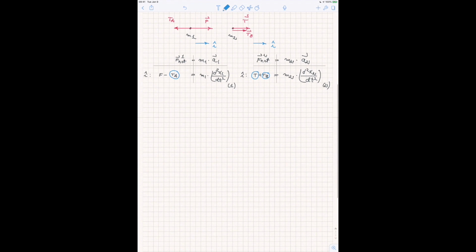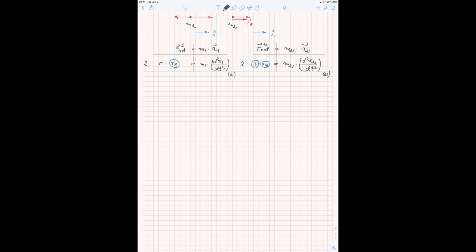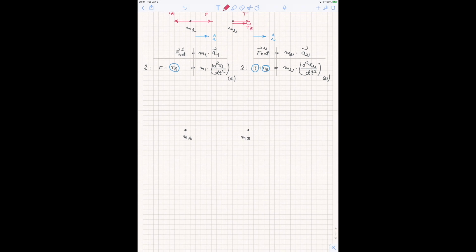So what I want to do now is draw a free body diagram for both pulleys, keeping in mind that the masses of both of them, pulley A and pulley B, are ignored. The reason why I'm doing this is purely to find a constraint among those tensions in the string.